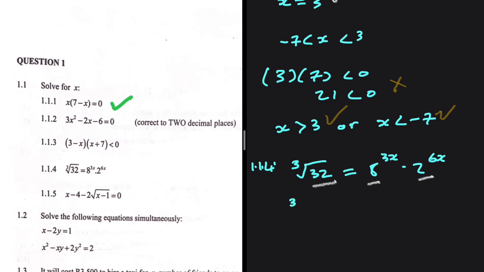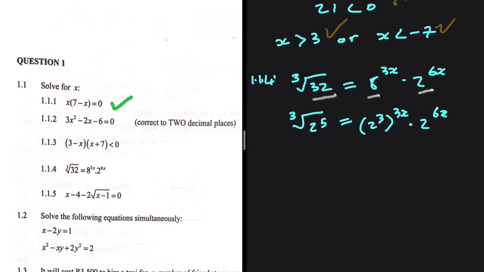Here we're going to have the cube root of 2 to the power 5. 32 is just 2 to the power 5. Equals 2, instead of 8, we're going to have 2 to the power 3 multiplied by 2 to the power 6x.